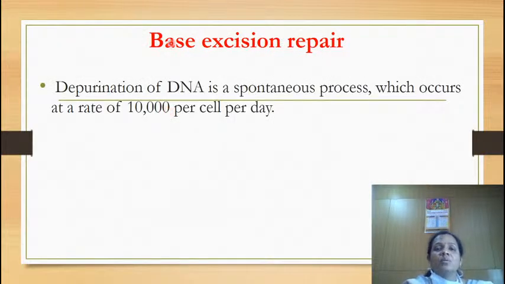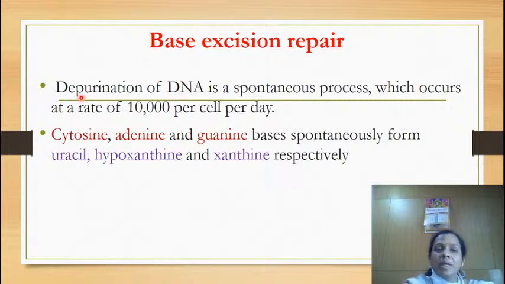Next we'll go into another one called base excision repair. Depurination means loss of a purine. Depurination of DNA is a spontaneous process which occurs at a rate of 10,000 per cell per day. What do you mean by depurination?